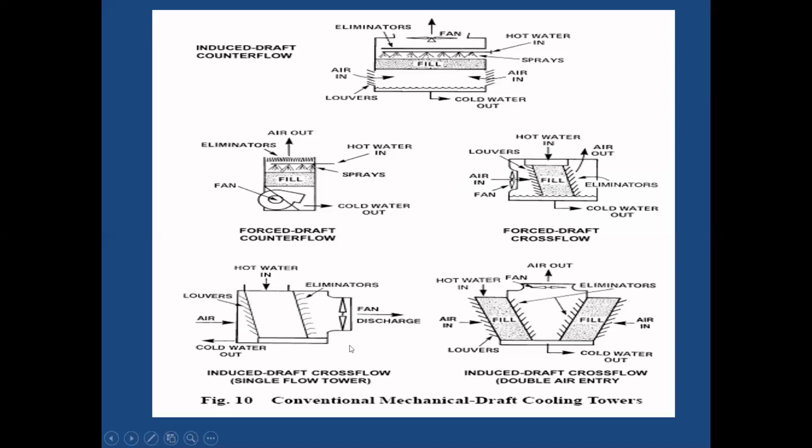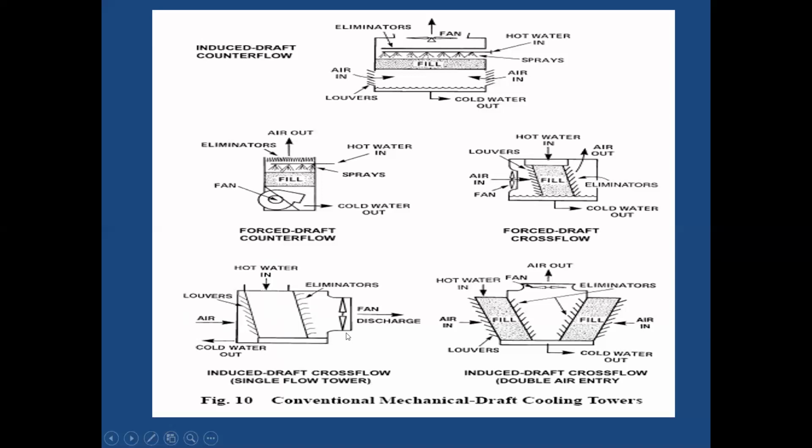Here again it is fitted at the sideways, but the air is sucked from the suction side, where the cooling tower portion is there, especially the fill material. So in this case, the cross flow arrangement is there. The water flows in the downward direction, air flows horizontally. But in this, the fan is fitted at the outlet of the air passage.